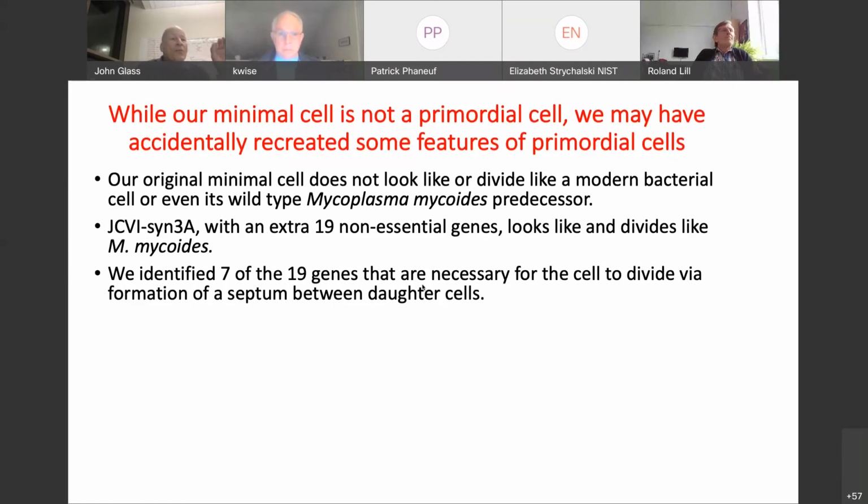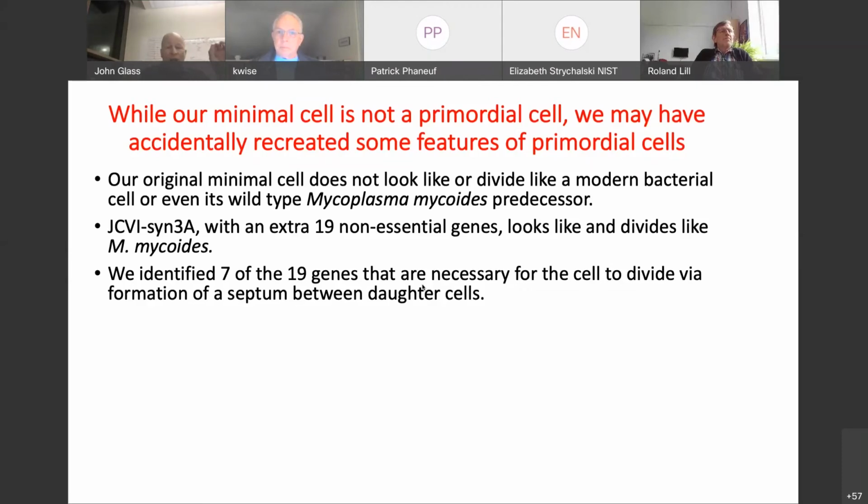The minimal cell, JCVI Syn 3.0, doesn't look like or divide like a modern bacterial cell, or even its Mycoplasma mycoides predecessor. But with the addition of 19 non-essential genes, we have a cell that looks and divides normally. And we identified 7 of these 19 genes that are necessary for the cells to divide via formation of a septum between daughter cells.